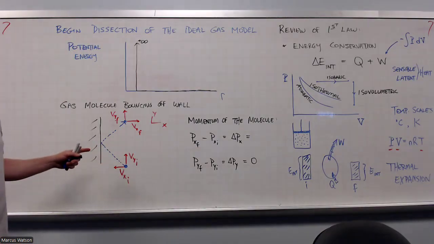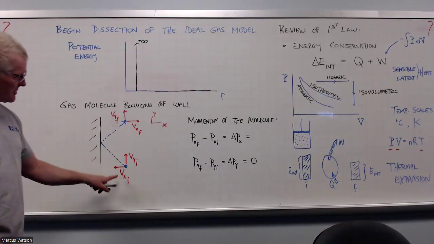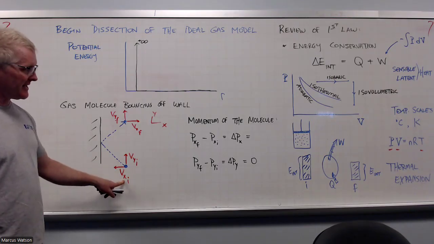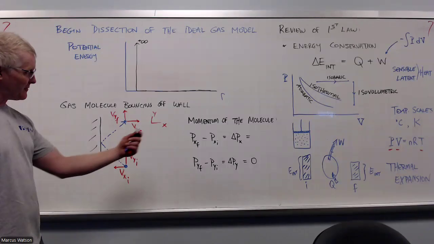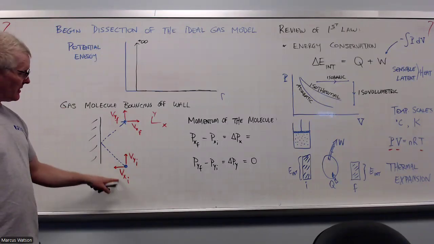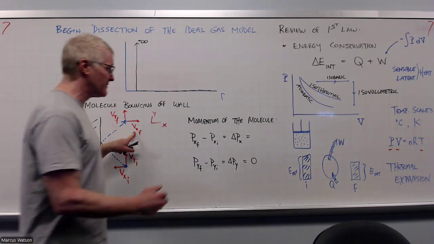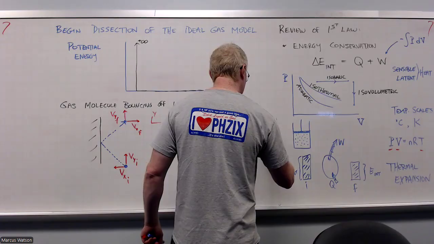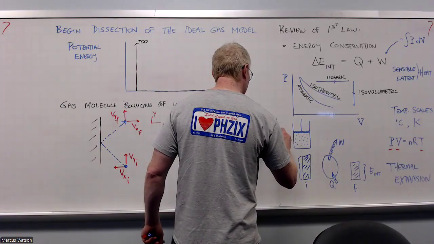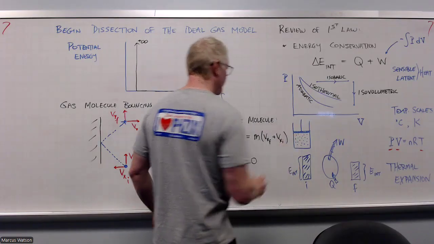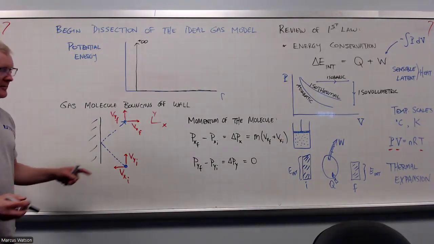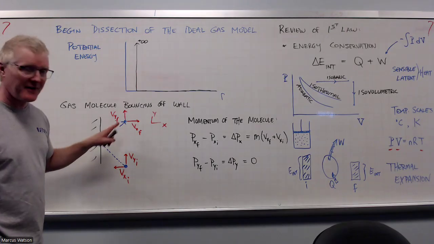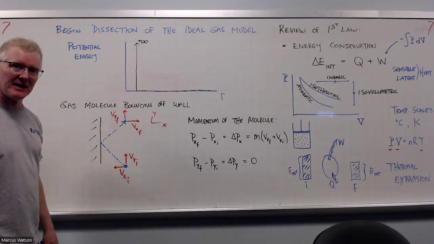Therefore, let's calculate how much momentum change happened in the X direction. I had the mass times Vx initial, which is negative according to my coordinates, and Vx final is positive. So in the delta, I have Vx final minus negative Vx initial.